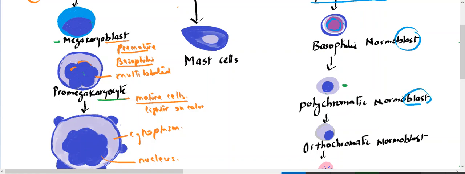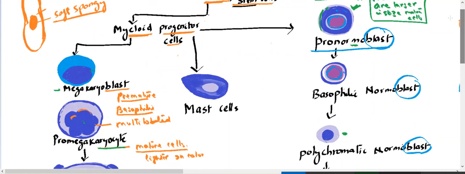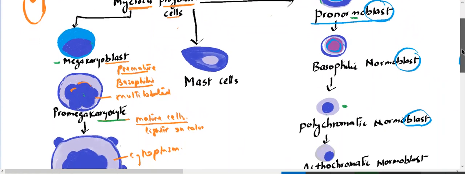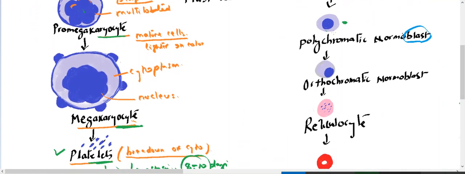Normoblast is a premature cell. So the color is changing from blue, it is trying to get the color of the RBC gradually. And then orthochromatic normoblast means, guys remember, here the nucleus is trying to come out of the premature RBC.